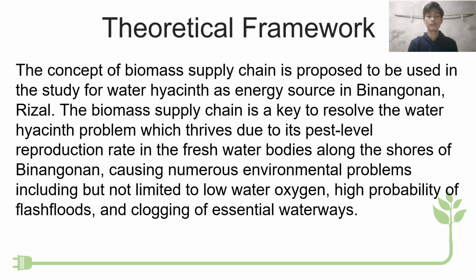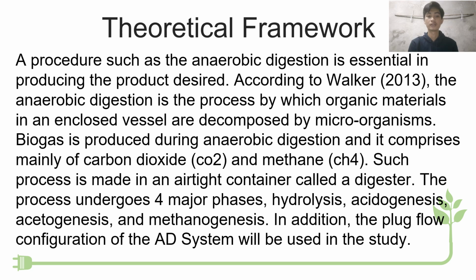The concept of biomass supply chain is proposed to be used in the study for water hyacinth as an energy source in Binangonan, Rizal. To summarize, the biomass supply chain will be the way to solve the area's environmental problem. According to Walker in 2013, biogas is produced during anaerobic digestion, and this process is made in an airtight container called a digester, which undergoes four different major phases.